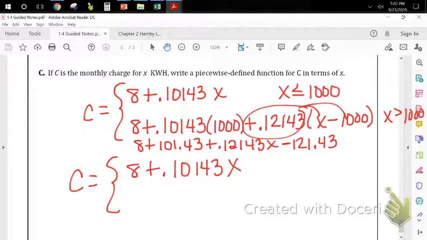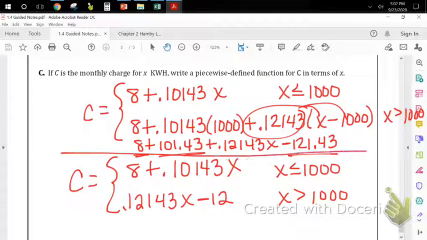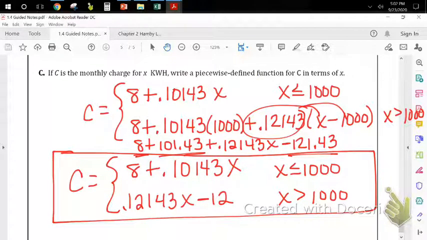And so when I go and put all this together, I've got 0.12143x, and I'm going to combine these three like terms. So 8 plus 101.43 minus 121.43. And so I got minus 12. And so remember, the first one was anything less than or equal to 1,000, and the second one is over 1,000. And so this is our piecewise function.